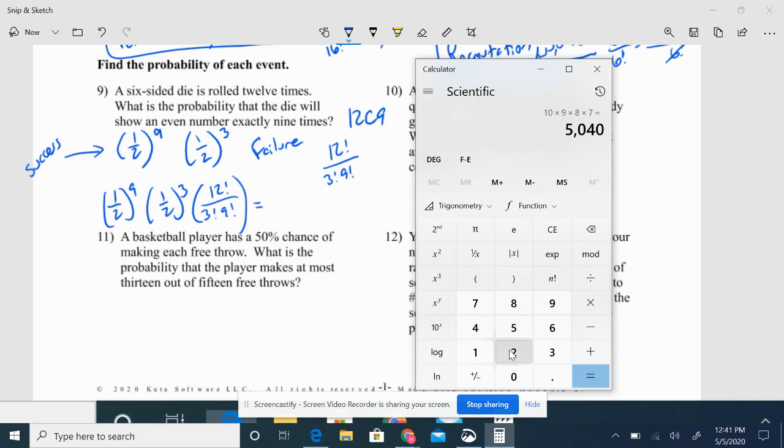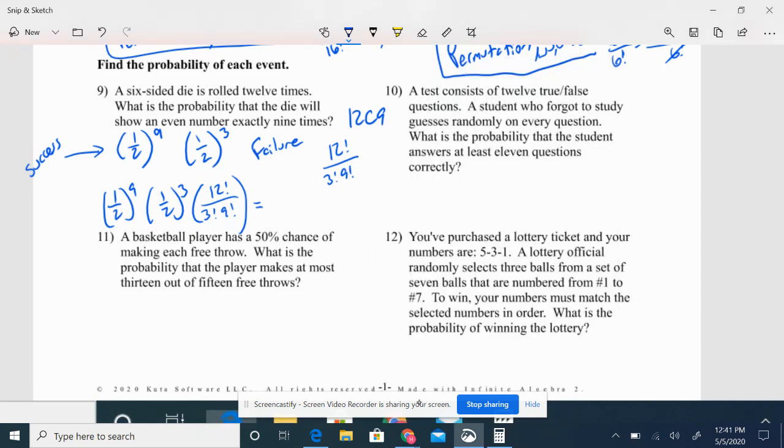Now, because it's the same fraction, can I just combine this as 1/2 to the 12th? We know from rules before that as long as they have the same base, we can just add the exponents. And then 12 factorial over 3 factorial, 9 factorial. Let me find out what that is.